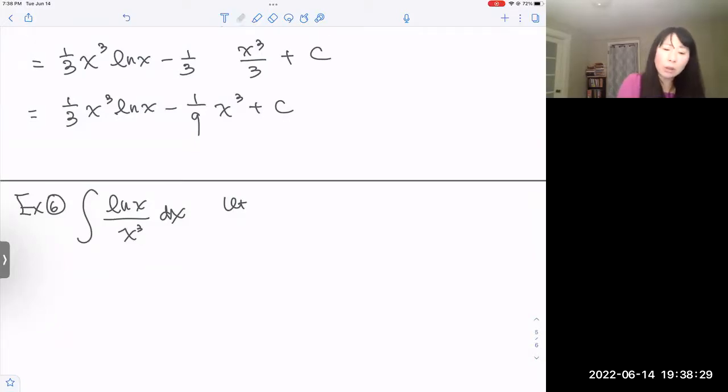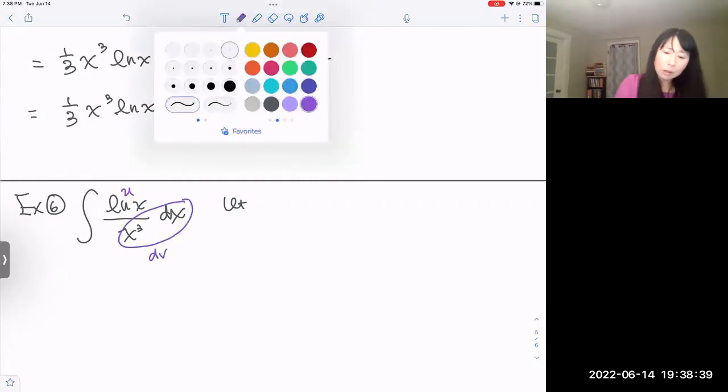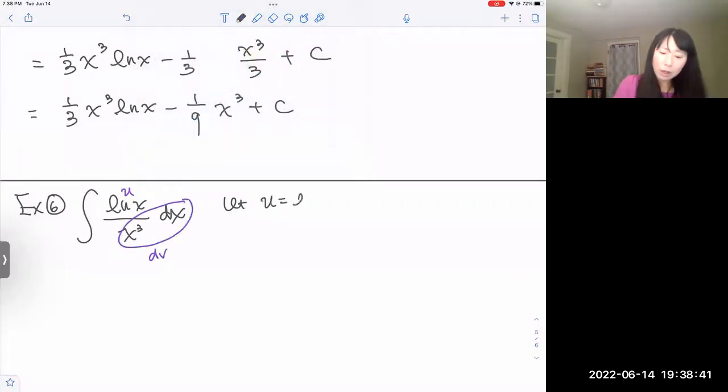So u equal to ln x, natural log, and this will be dv, right? So u equal to ln x, derivative of ln x, we know that 1 over x dx. Now dv is 1 over x cubed dx.